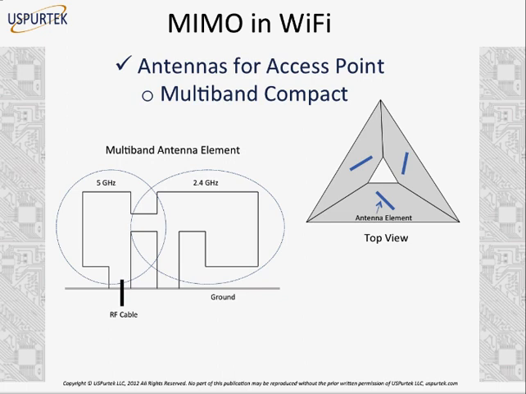If you place this type of antenna in the center of a building, you'll get uniform signal everywhere in the building. These elements are typically fabricated on a PCB that helps to make it compact and low profile. On the antenna element, the two elements support both 2.4 gigahertz and 5 gigahertz frequencies.